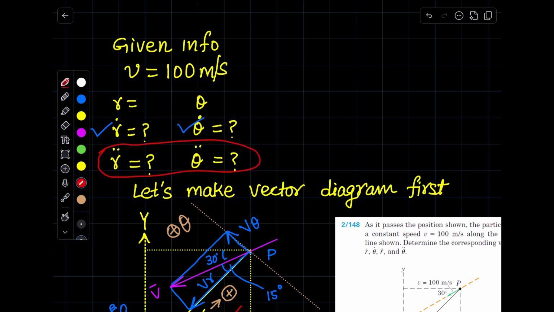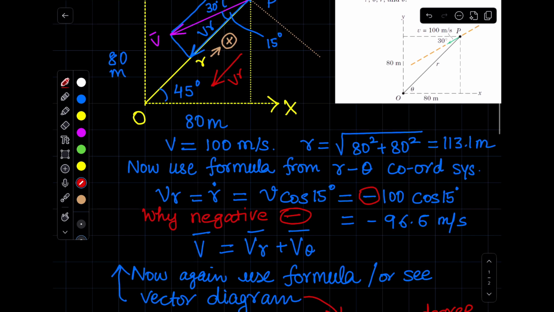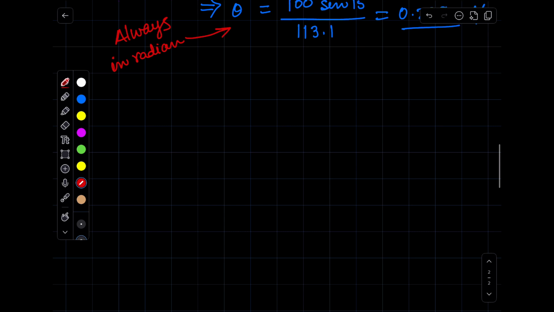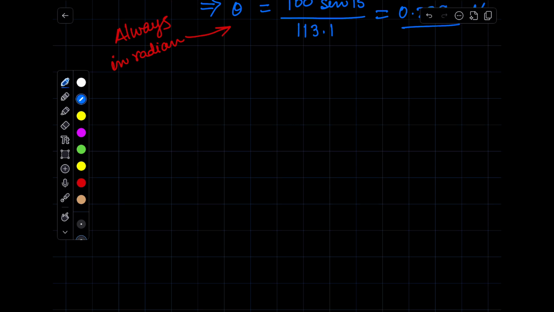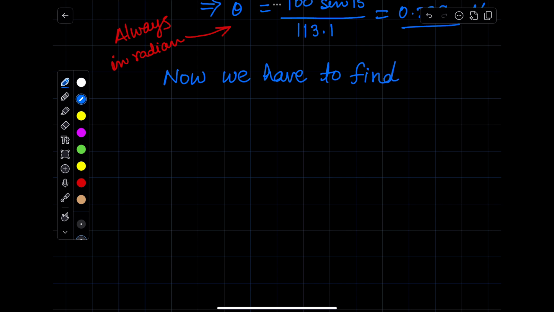Now our next objective is to find r double dot and theta double dot. It means two times differentiation of r and theta with respect to time. And these are the acceleration quantities. So we will go back again to the r and theta formula sheet, where you will see there are two formulas for acceleration.